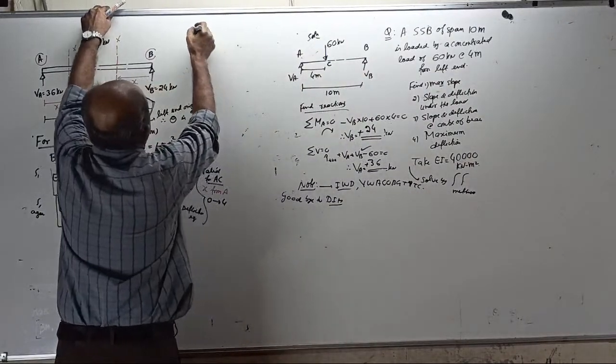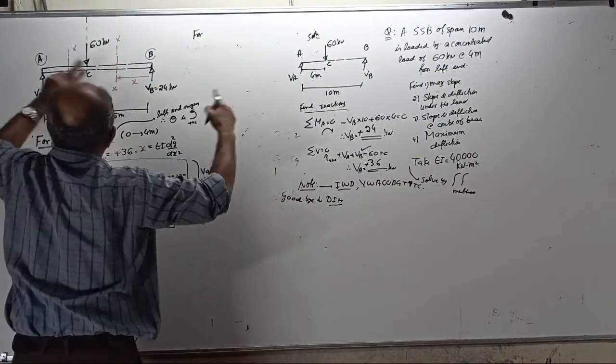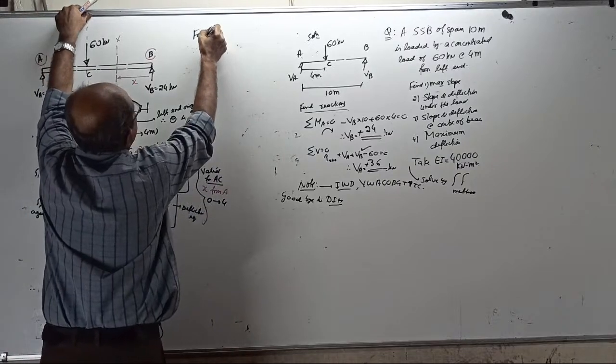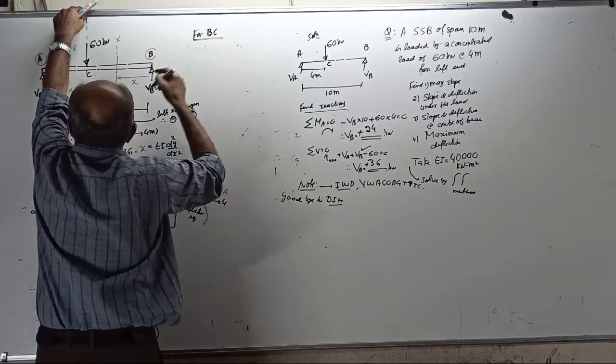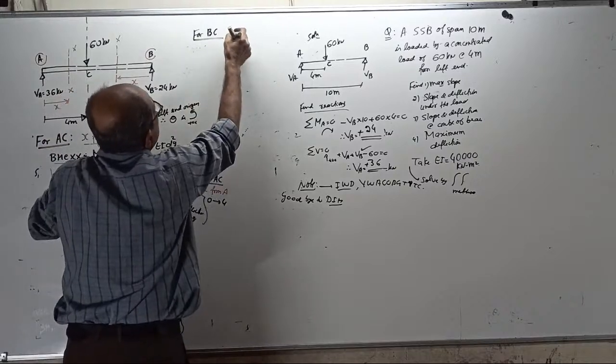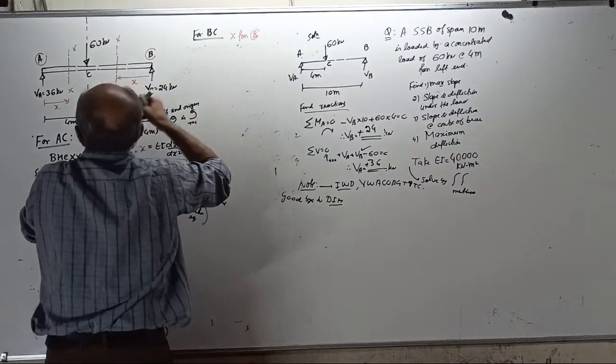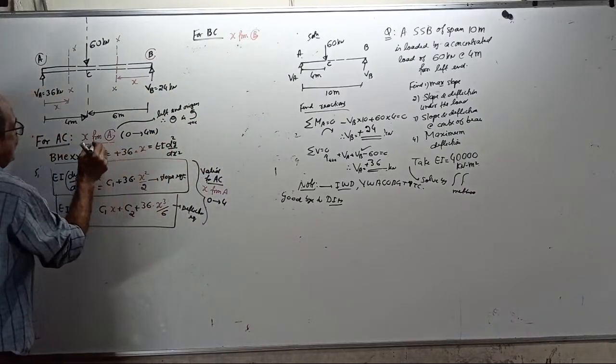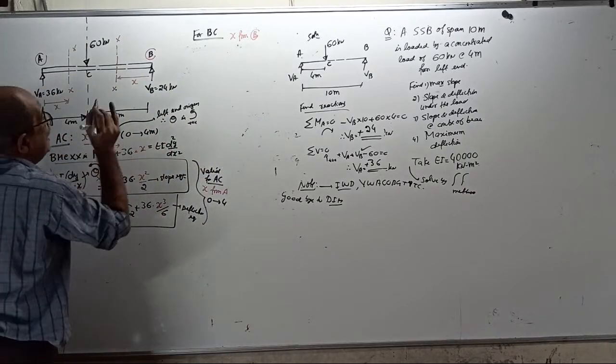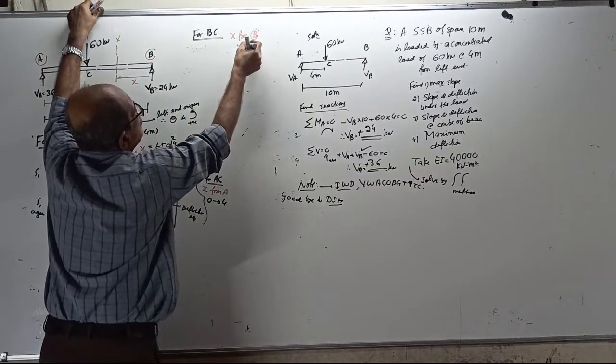Okay, clear. Now, for tomorrow also I want full board for the BC portion. See, your x is x from B, origin. See, this is x from A goes this way. This is x from B goes this way.